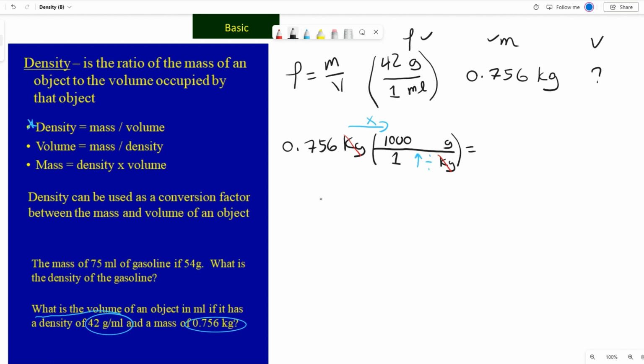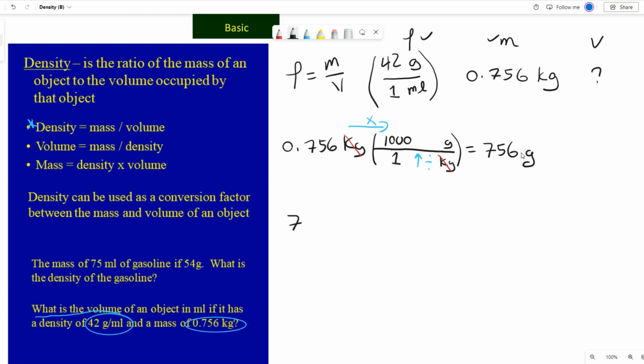And if we do that, we see that 0.756 kilograms is equal to 756 grams. All right, so now our mass terms are in the same unit. They're both in grams, grams for our density, and grams for the mass of our object. So now we can use the density to solve for volume.